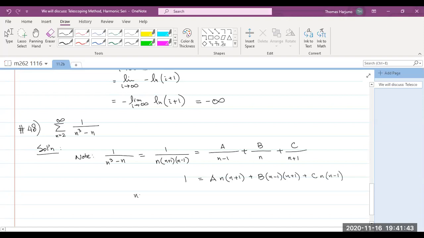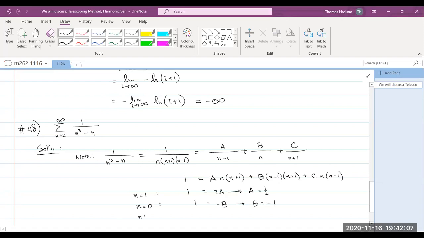So when n equals 1, 1 equals 2A, so A equals 1 half. When n equals 0, I get negative B, so B is negative 1.